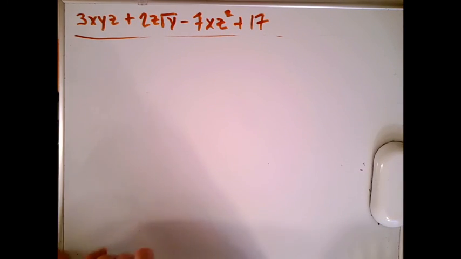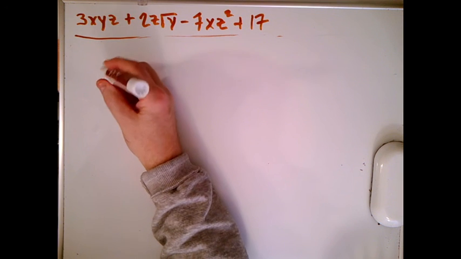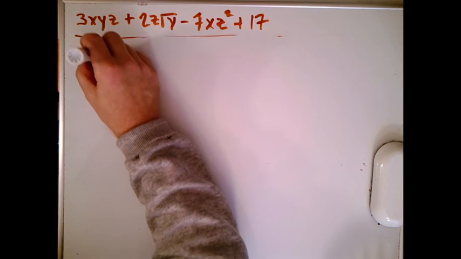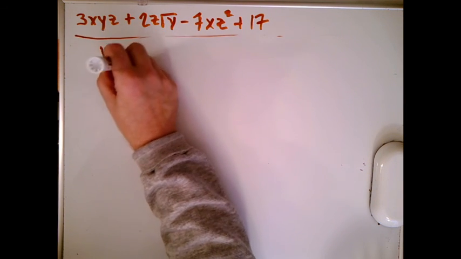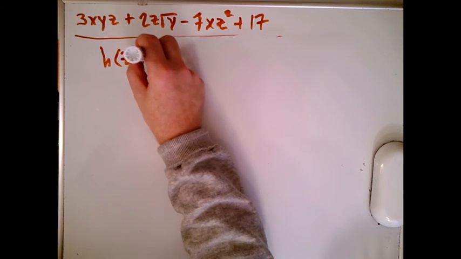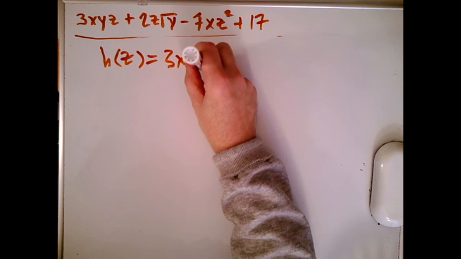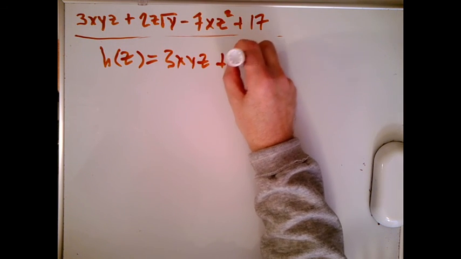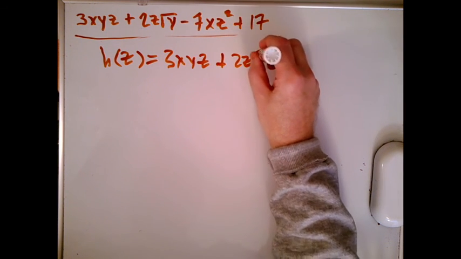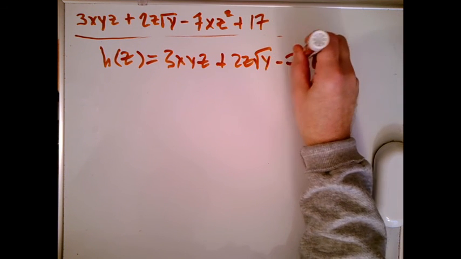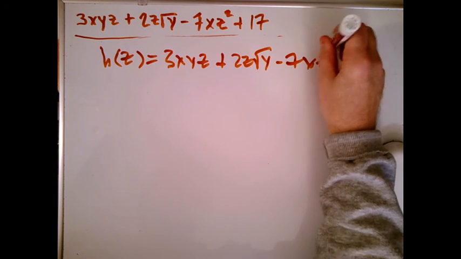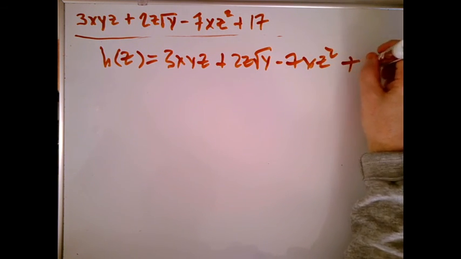All right. And what we're going to do is do this really the way people expect us to do it. If I look at h of z, I'm now saying z is the only thing that can vary. So 3xyz plus 2z square root y minus 7x z squared plus 17.